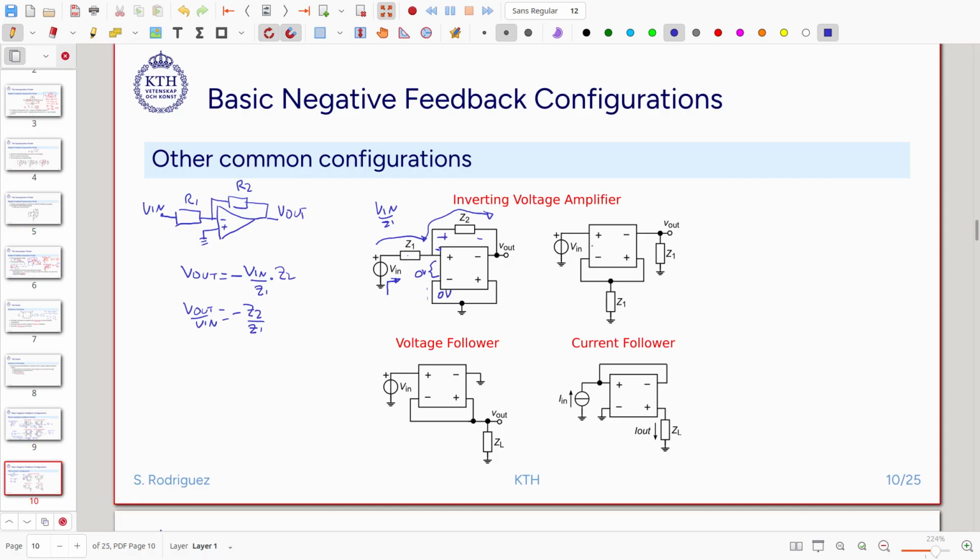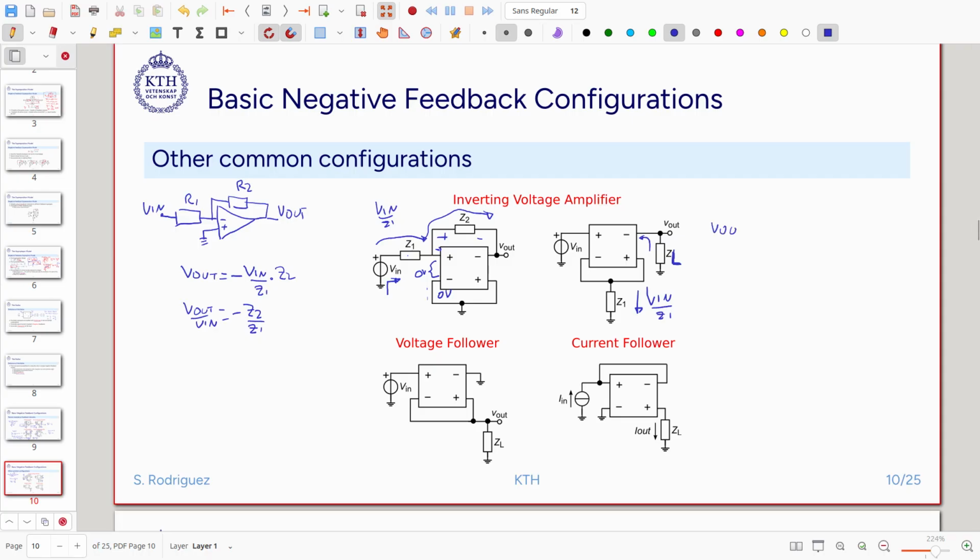So one alternative is to use this topology, and we will call this one the load, actually zeta load. In this particular case, as we saw before, the current flowing here is equal to V in divided by zeta 1, and this current is going to flow like this also.